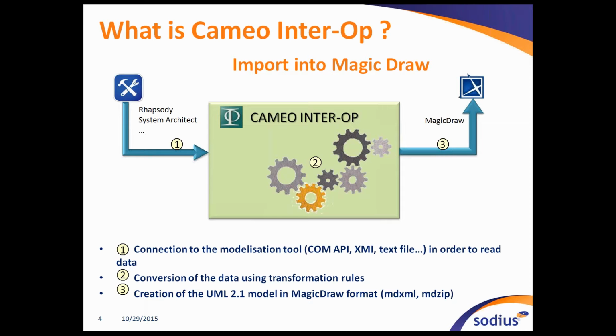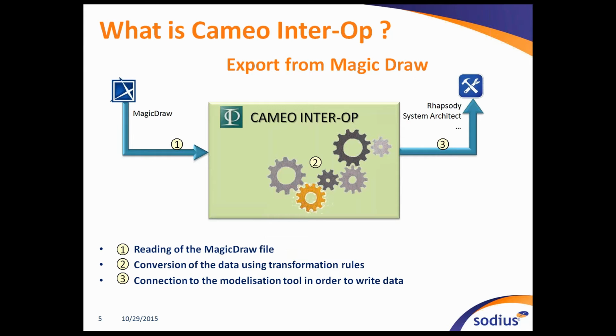So it is in order to read data. Cameo Inter-Op will do the conversion using transformation rules, and it will create the UML 2.1 model in MagicDraw format. So you are dealing with MD XML or MD zip files.